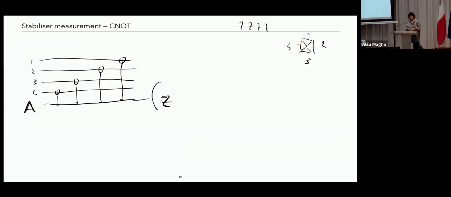Well, this is an auxiliary qubit. So to actually measure the stabilizers, what I have to do is add an auxiliary qubit to my system, then do entangling operations between the support of the stabilizer itself and the auxiliary qubit, and then measure out the auxiliary qubit. And this is how you do stabilizer measurement. Is everyone okay with that?